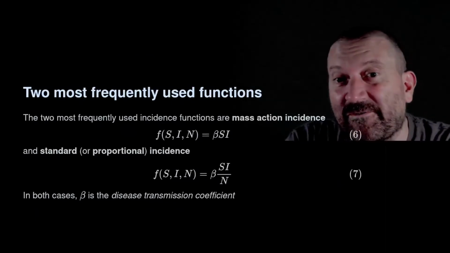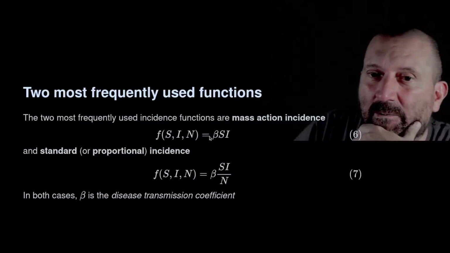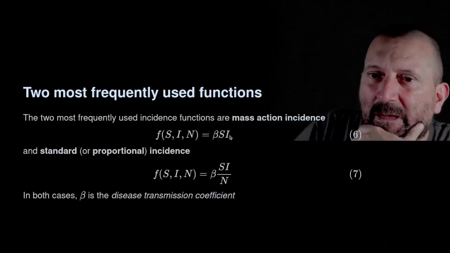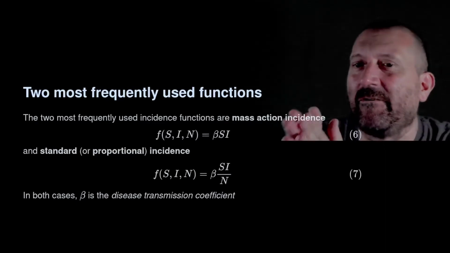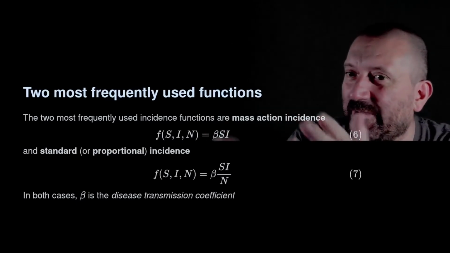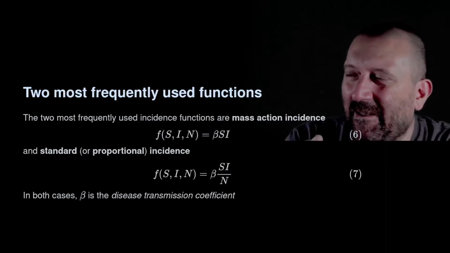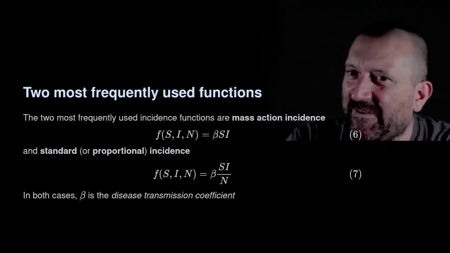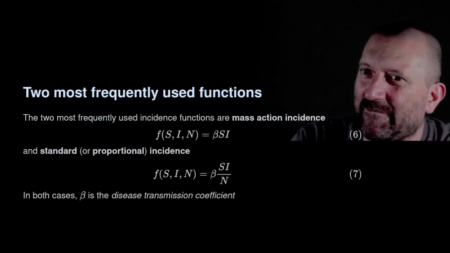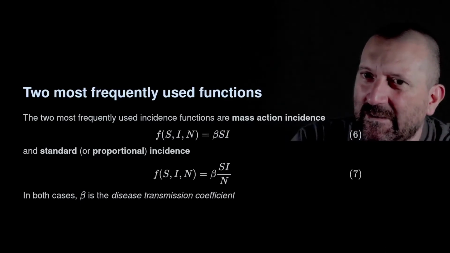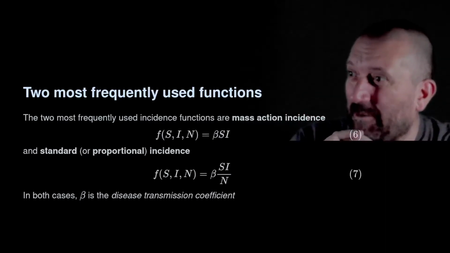The two most used functions are mass action incidence, beta SI. So the term mass action comes from chemistry. The idea is that if you have S of T susceptibles and I of T infectious in the population at time T, remember, this is a compartmental model.